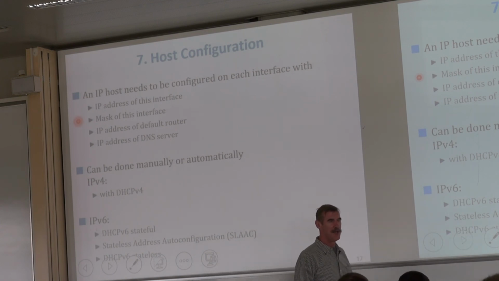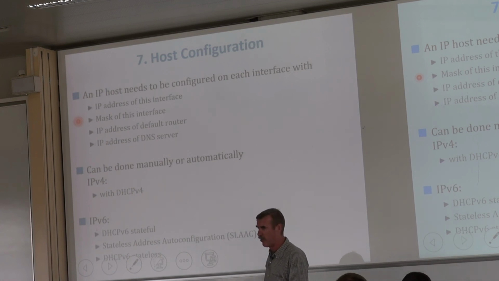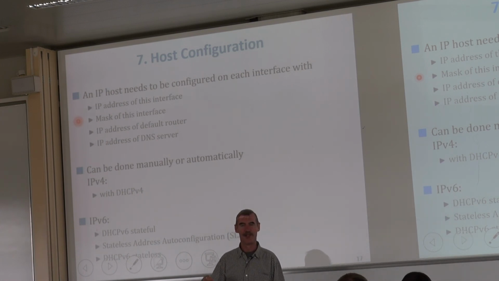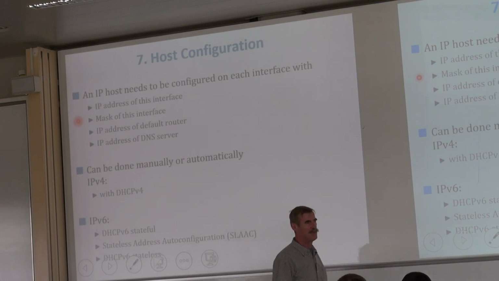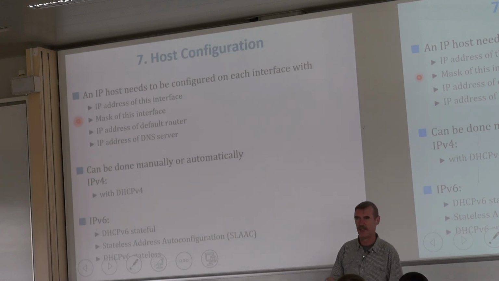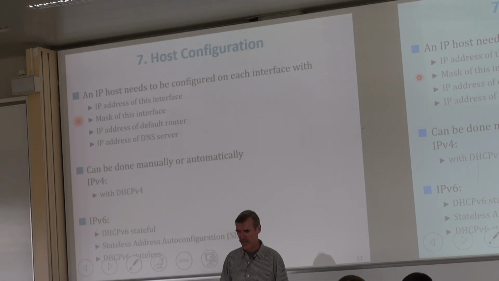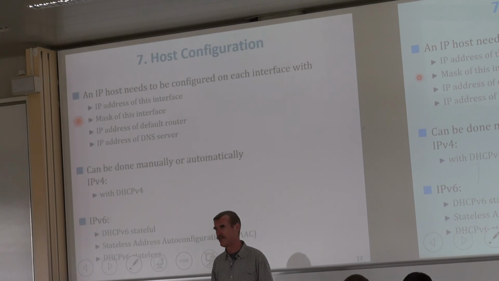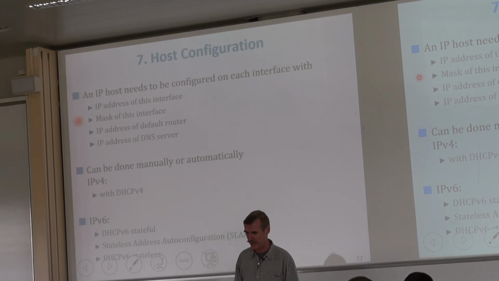Two, the IP address of the default router, or in general the routing table, but in a host in most practical cases the routing table inside a host contains only one line, which is the default router, and the IP address of the DNS server. In order to resolve names, we need the IP address, not the name, of course, of the DNS server.